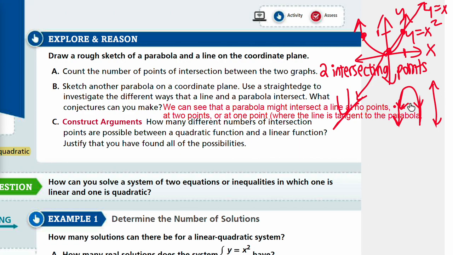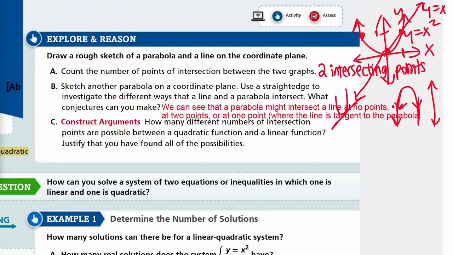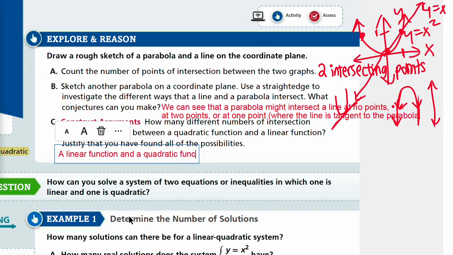So depending on the intersection points, we will have different numbers of solutions. A linear function and a quadratic function can intersect at 0, 1, or 2 points.